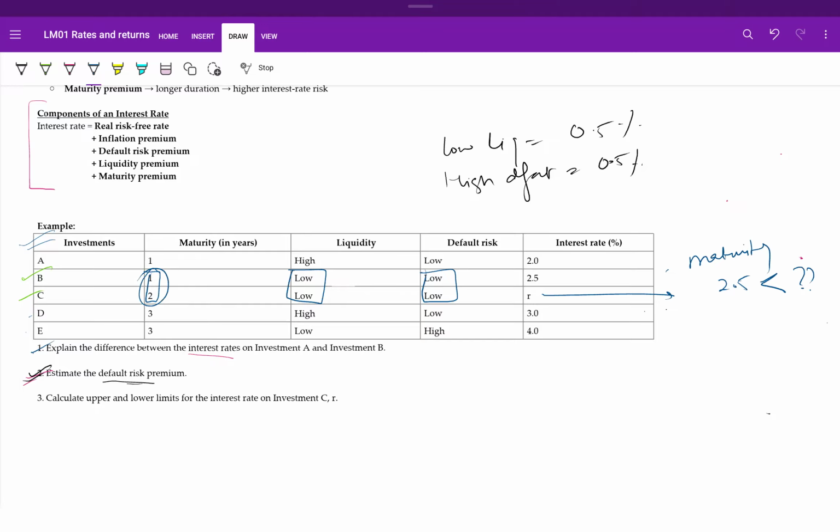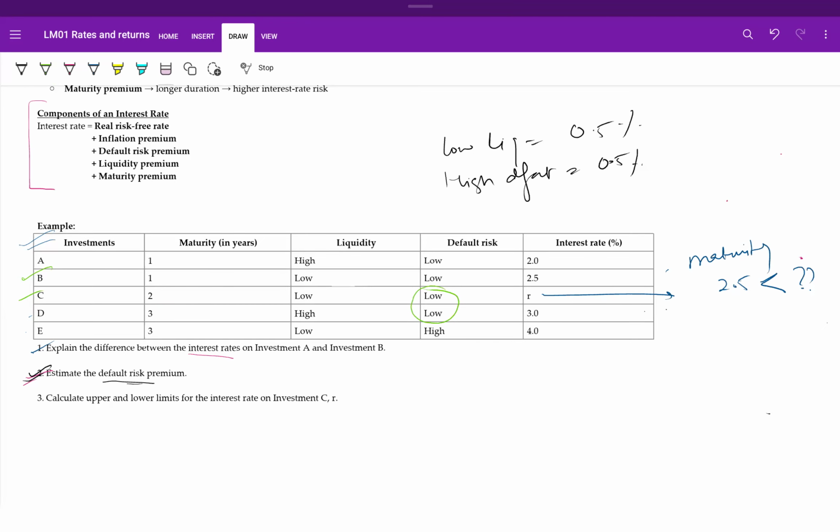And another comparison that we should make here is that default is low and liquidity is also low.